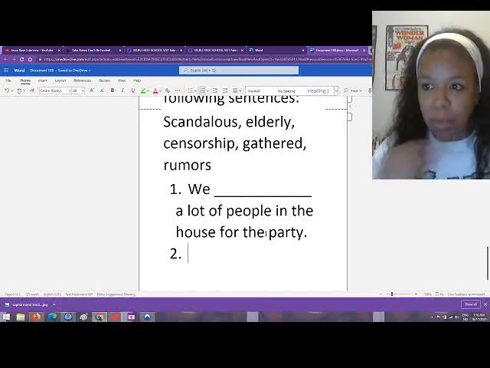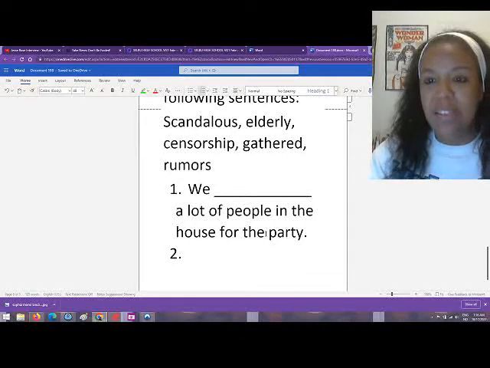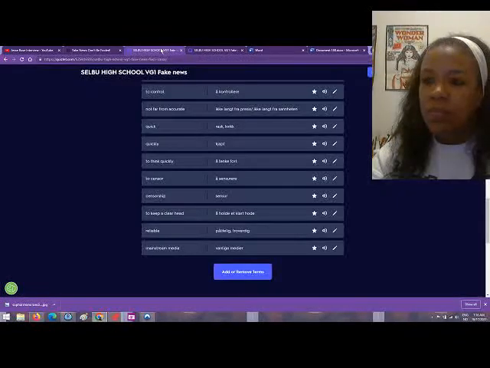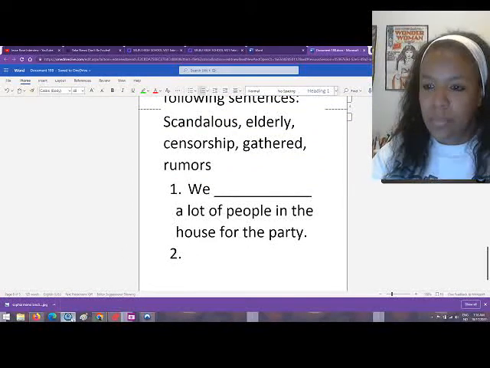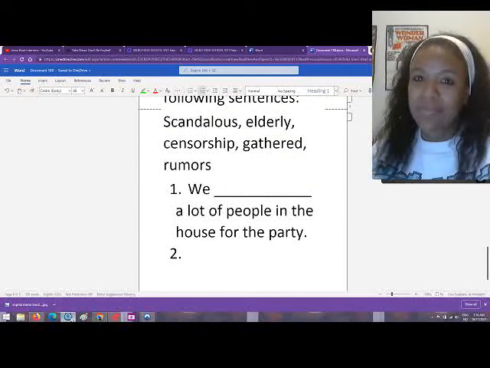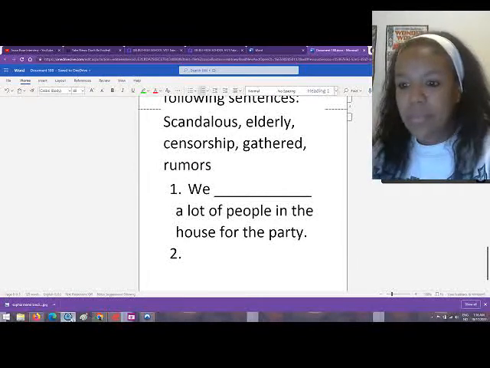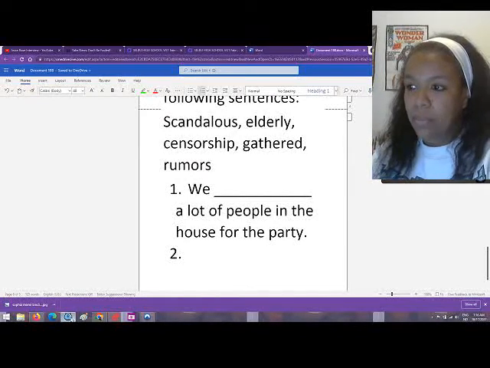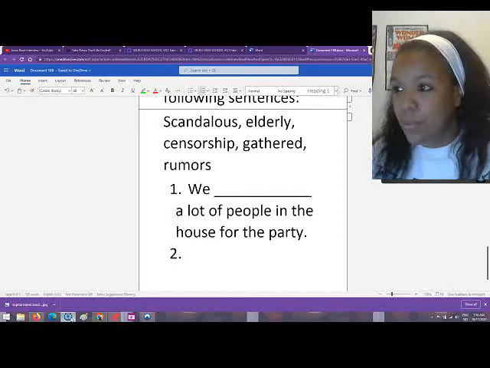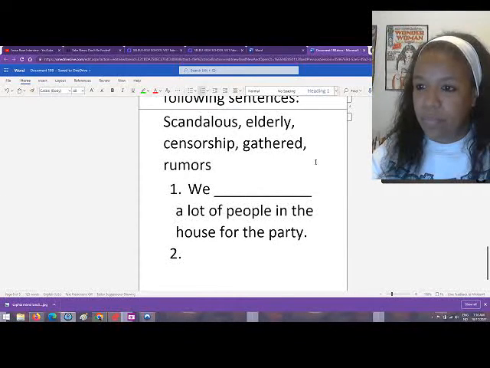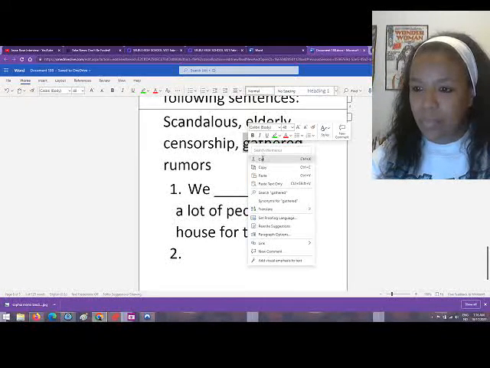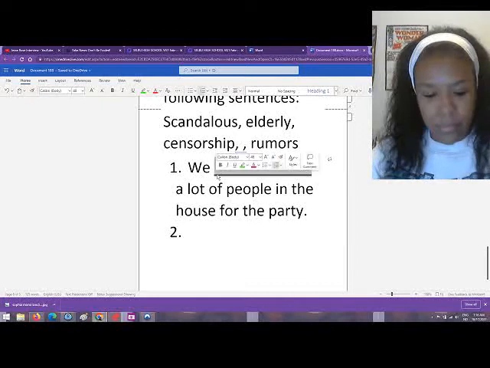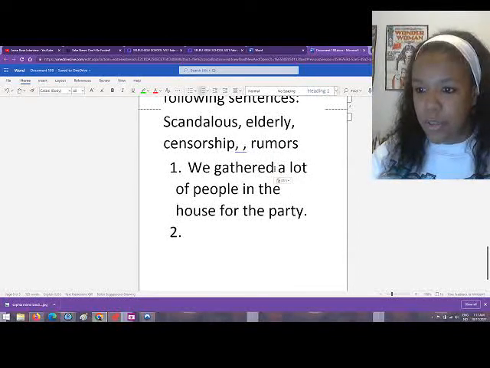Please type in chat or write on your piece of paper that you're going to take a picture of and send to me later. We, a lot of people in the house for the party. I'm hoping that everyone has typed the correct word. Gathered is the correct word.